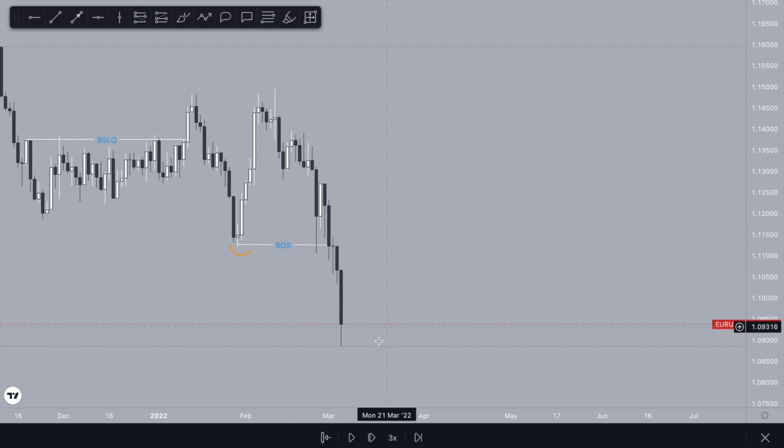It could be here, it could be somewhere lower down here, but as long as it's beyond or after our swing low was broken, for me this will be our fair value gap.